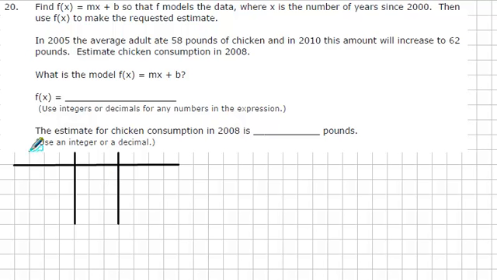In the first column, we'll put year. In the second column, x. And in the third column, f of x.